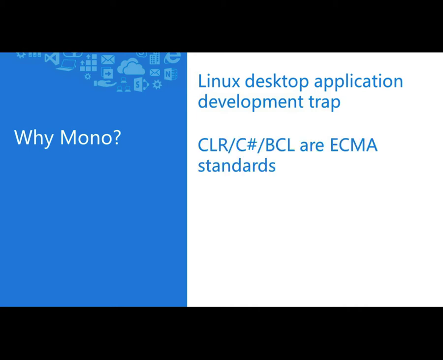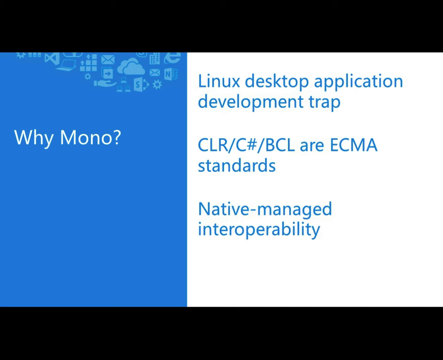And C# and CLR, BCL, they were open standards starting in year 2000. So in that case, it gave the possibility for the open source community to write .NET Framework clones based on those open standards. And also, the design of C# and CLR enables much better native managed interoperability.